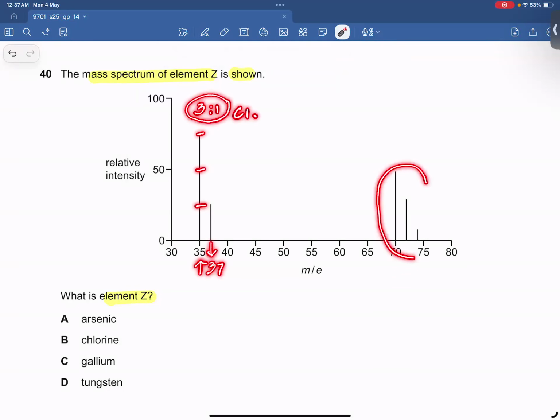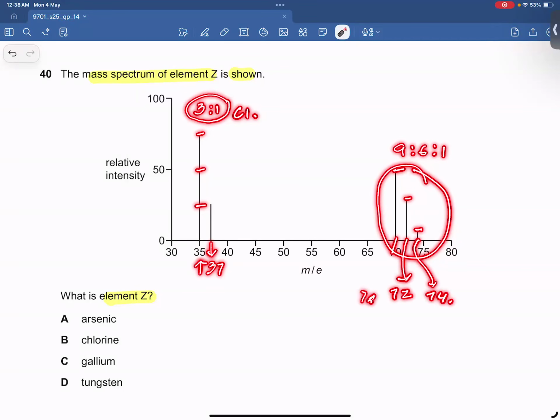Note this. This is going to be 9:6:1. This is 9, this is 6, this is 1. This is 70, this is basically 72, and this is basically 74.